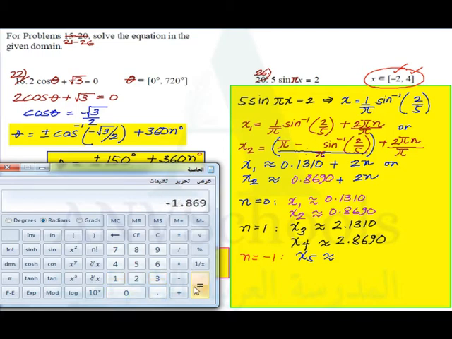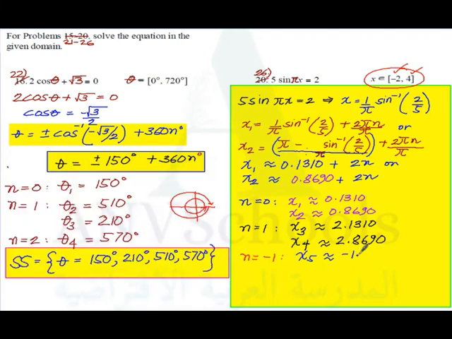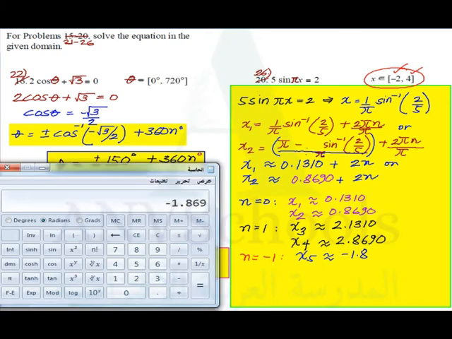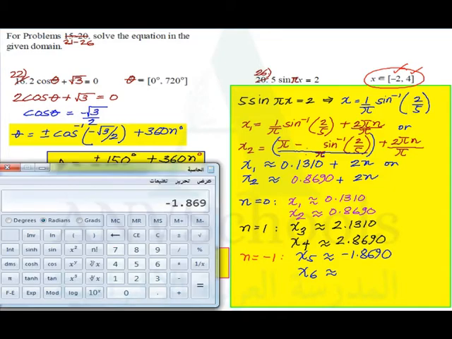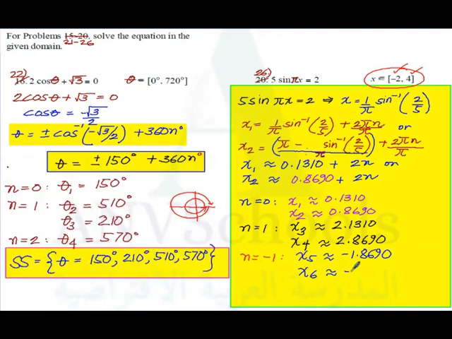That would be negative 1.8690. So it's still included. And if we are going to use the other solution, that would be negative 2 plus 0.8690. So that would give you negative 1.1310. So it's still included.